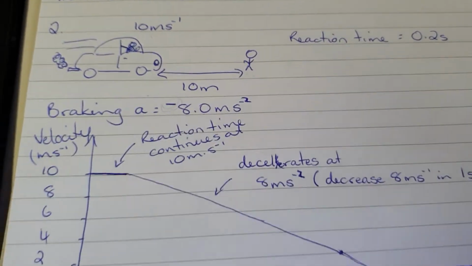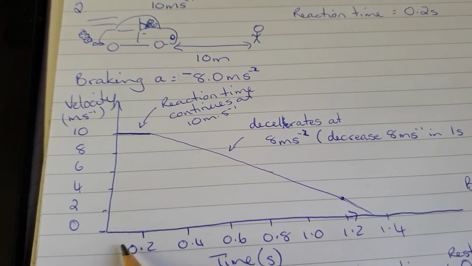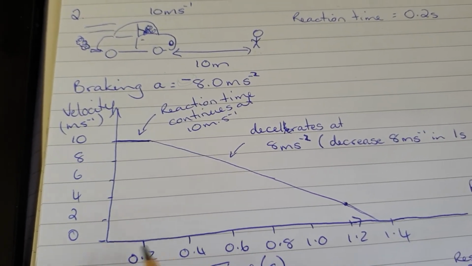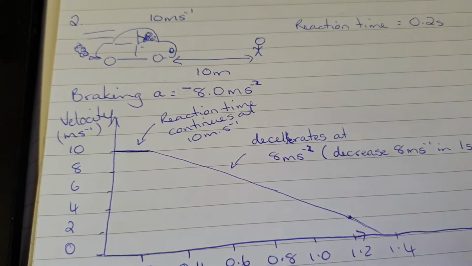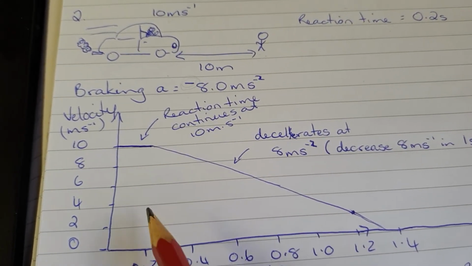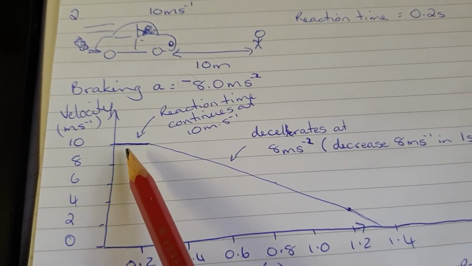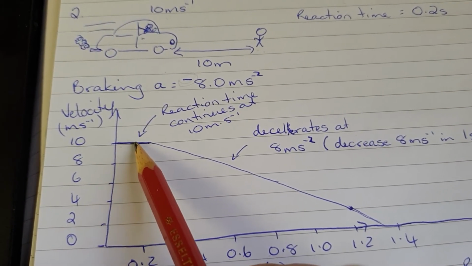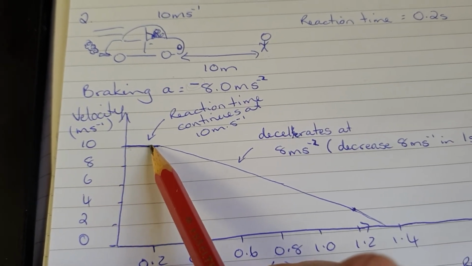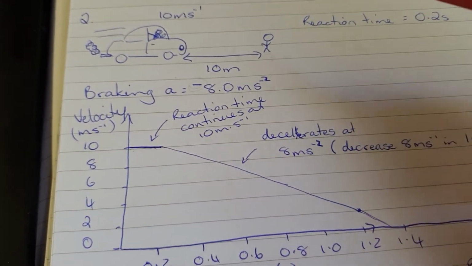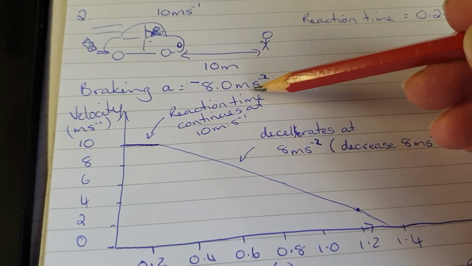Draw the graph. So I've actually put some divisions on my scales here because from the story that's given to me, I can be a little bit more precise than just doing a general shape. So for the 0.2 of a second in his reaction time, he's going to keep going at 10 meters a second. Then he applies the brakes at 8 meters a second squared.